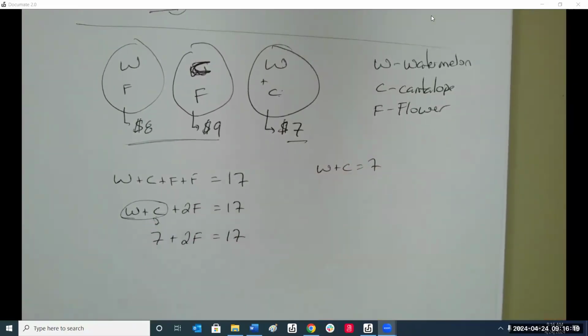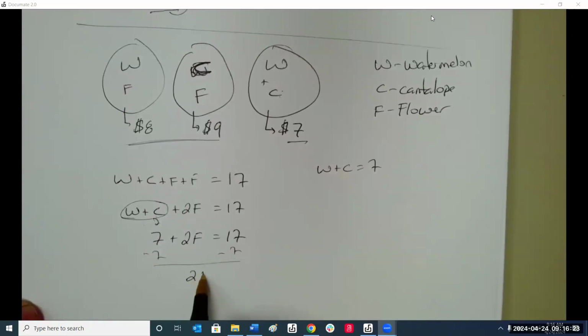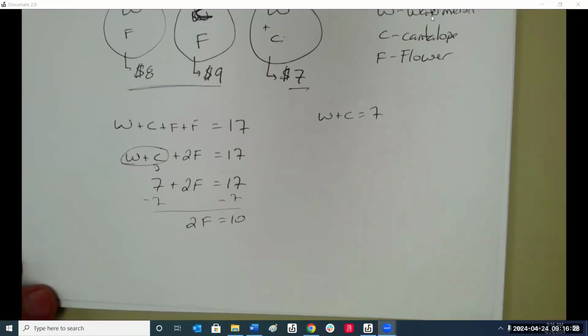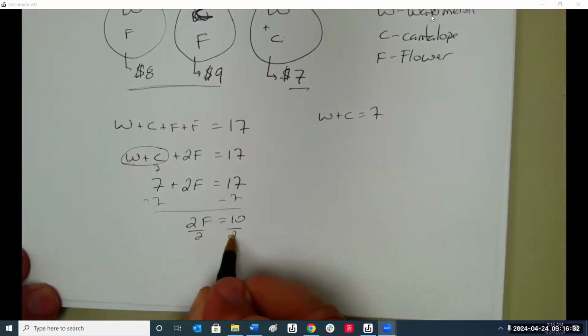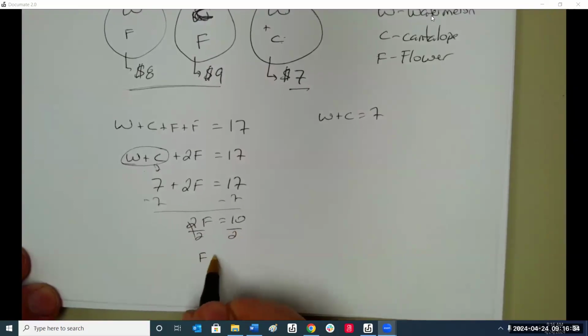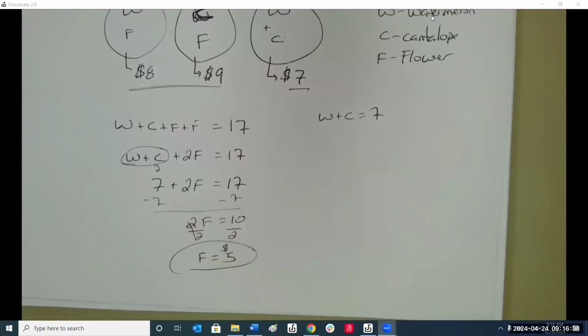So that one becomes 7. Subtract 7 from both sides. We know that 2F equals 10. So each flower costs $5.